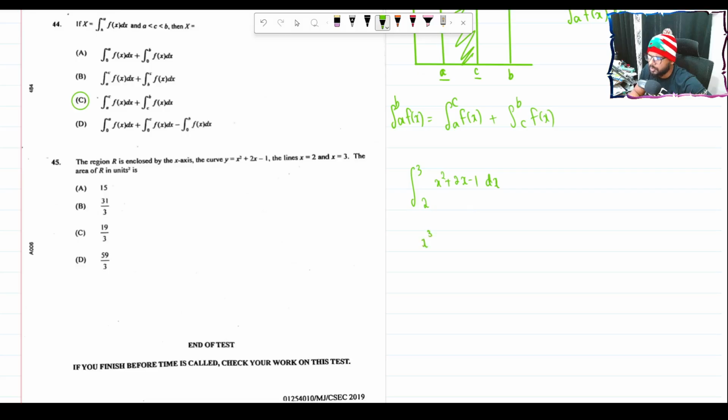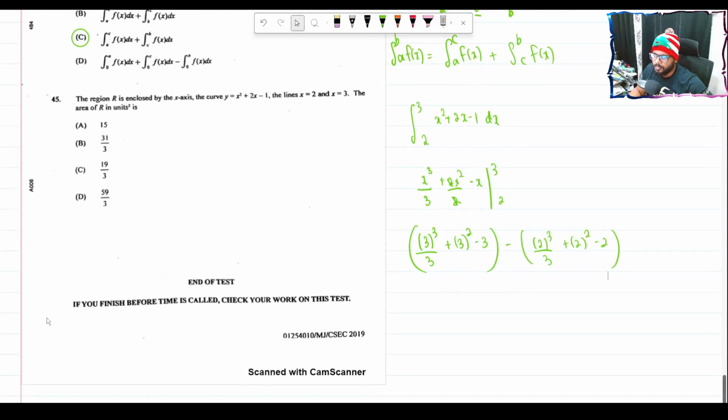We get x cubed over 3 plus 2x squared over 2, minus x, between 3 and 2. Plug in 3: 3 cubed over 3 plus 3 squared, take away 3. Plugging in 2: 2 cubed over 3 plus 2 squared, take away 2.